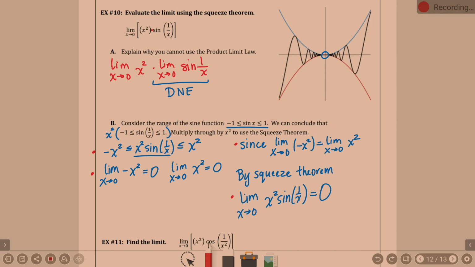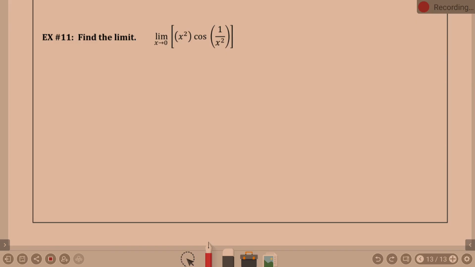Example 11 is just a similar piece. It uses the basic idea of cosine. What do we know about cosine? Cosine oscillates between 1 and negative 1, and since it does, we can argue that cosine of 1 over x squared oscillates between 1 and negative 1.